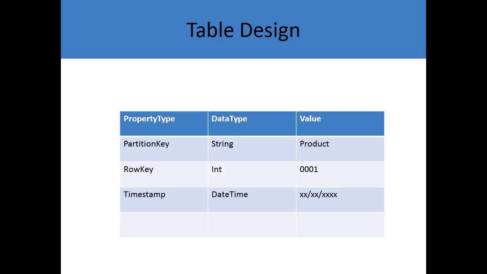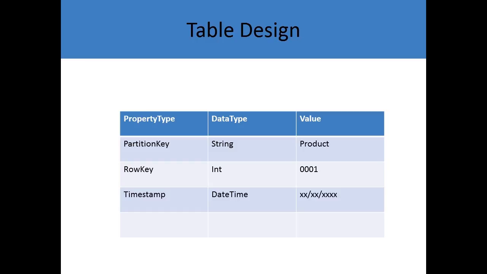So when you're designing the table, this is an example of what it might look like. We have the property type that you can see here, and that's where we set up the partition key and the row key. Now, those two are required, and we do actually have to set those values. You see that there is a third property type of timestamp, and while that's required, we generally don't have to do much with that. It just inserts that value automatically.